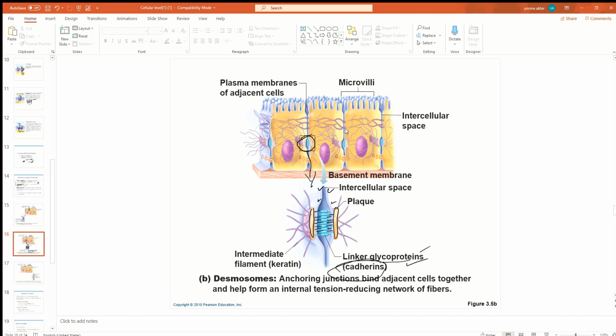So the cadherins or linker glycoproteins come out from the plaques and get attached to each other like this. This is one linker glycoprotein, this is another. So they get attached to each other like this. Very strong, like a zipper.